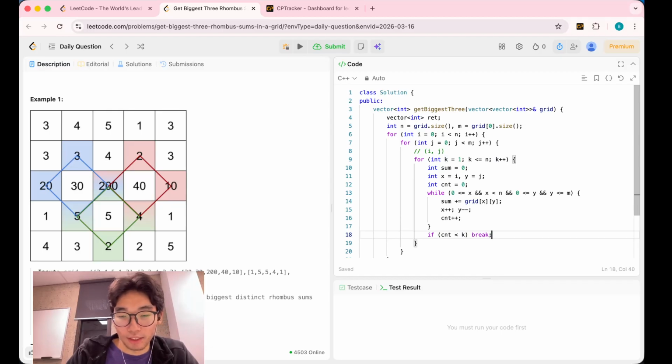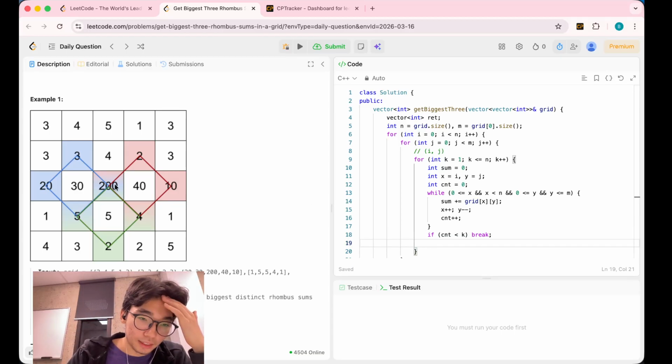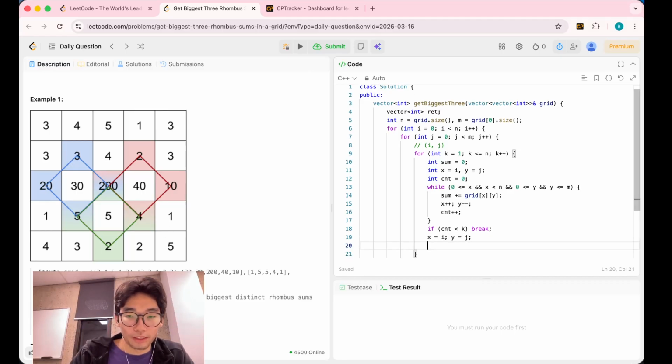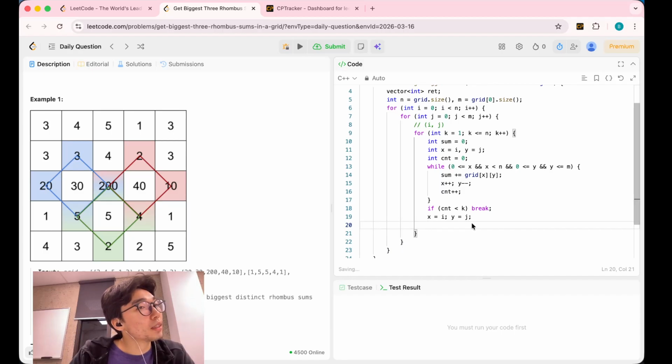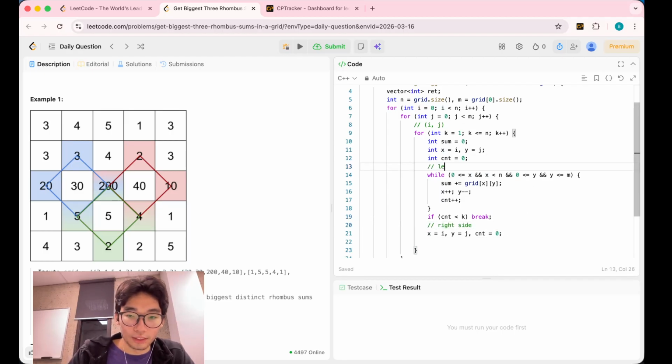Otherwise just break. Then we have the right side. Okay, this is the right side and this is the left side.